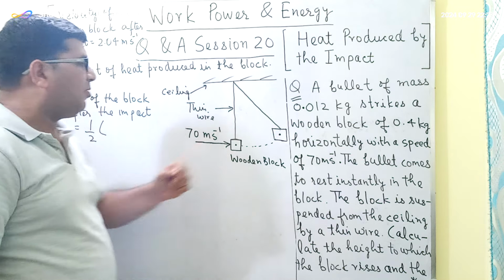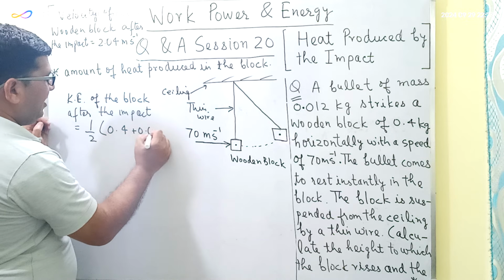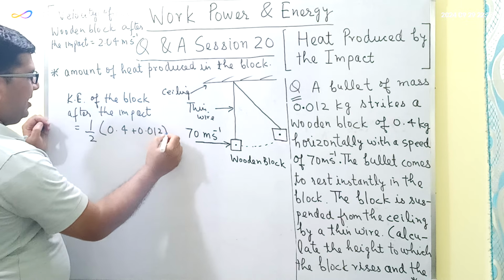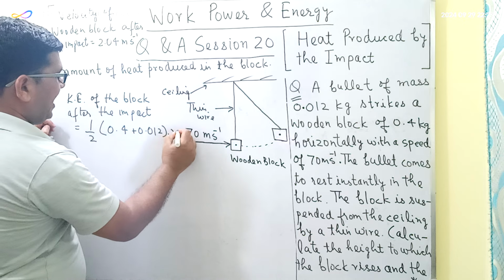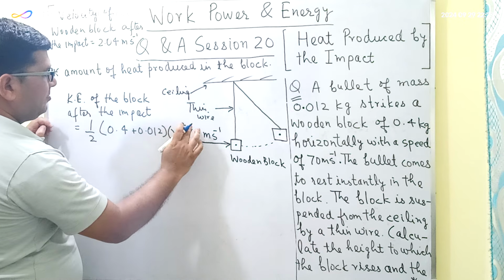Now the mass of the wooden block will be equal to 0.4 plus the mass of the bullet which is embedded in it, into V dash whole square.